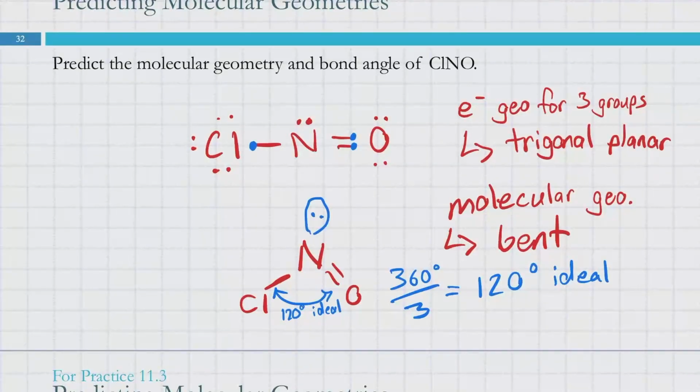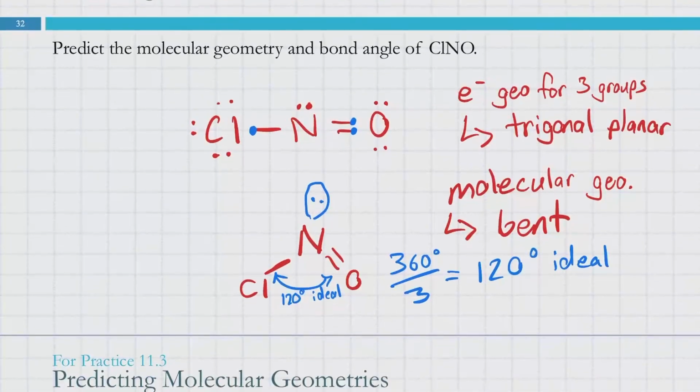However, this is not an ideal situation. We have a lone pair. What does the lone pair do? Does it repel more, the same, or less than a bonding group? It repels more, and so that's going to cause this to squish down.